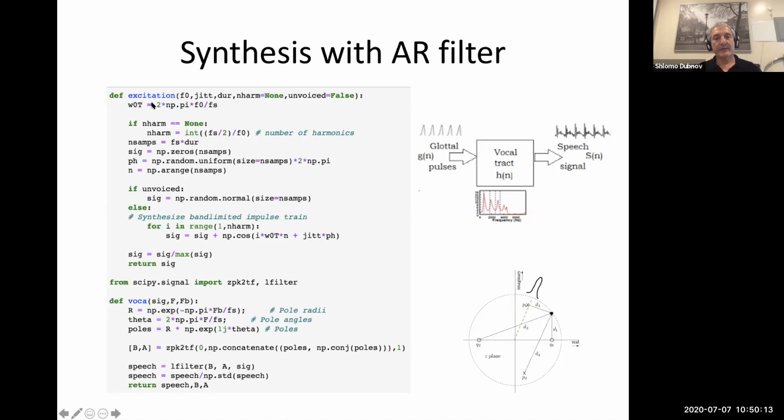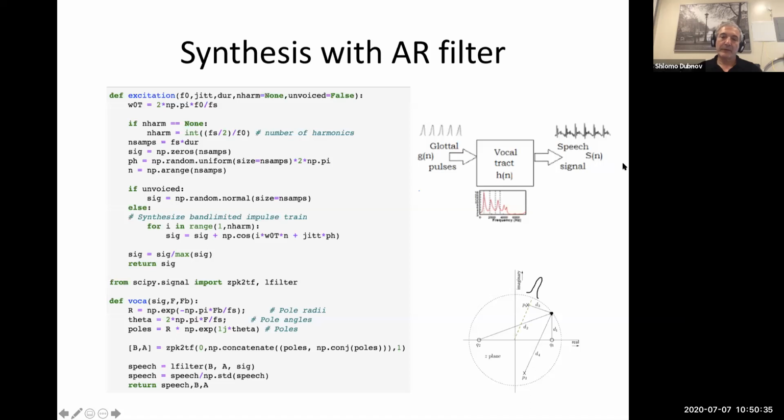And with these filters, with the speech signal, which will be the glottal pulses, we'll create our vowels. So this is going from phonetic transcription and the formant positions and frequencies to an actual time signal.